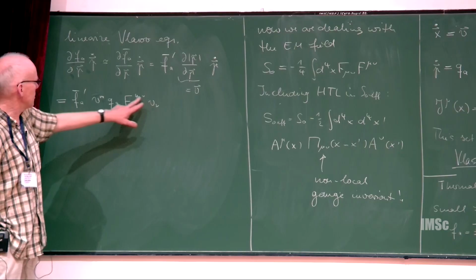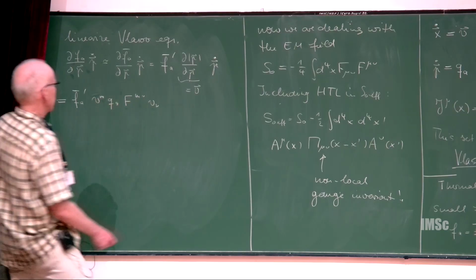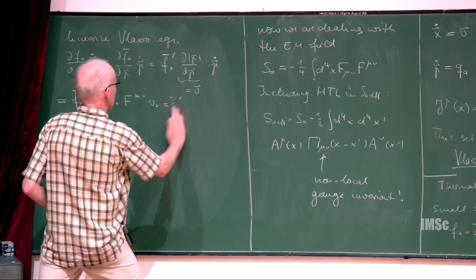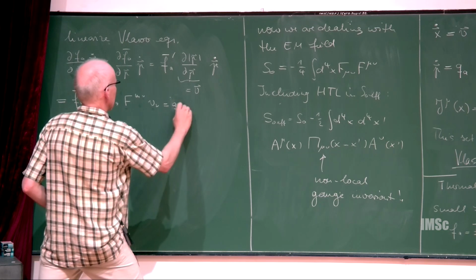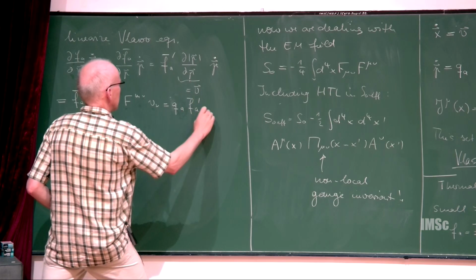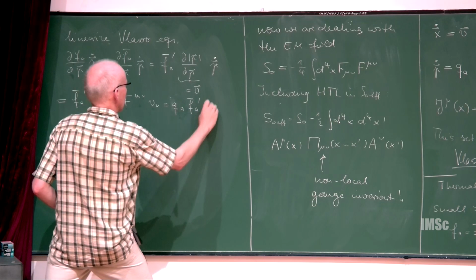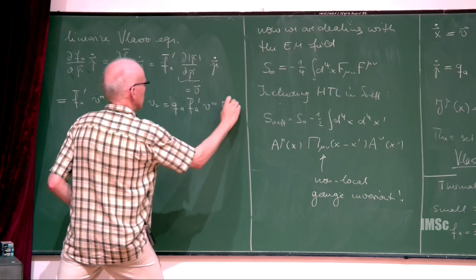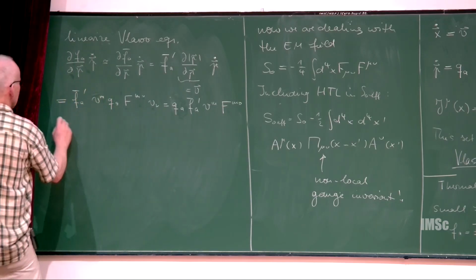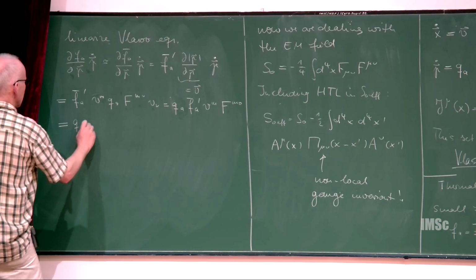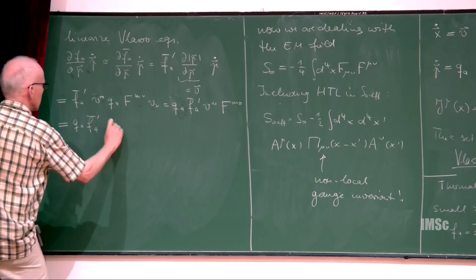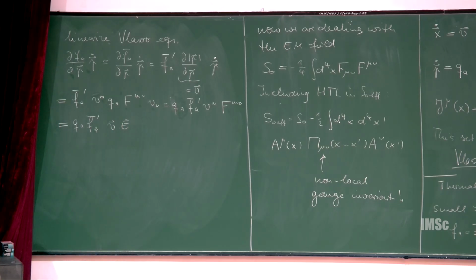If ν is a spatial index, this gives 0 here. I can pull out the q_a, times f_a bar prime, times v^i, times F_i0. Now F_i0 is nothing but the electric field. So this expression is equal to the charge of the particle times the derivative of the equilibrium distribution times v dot the electric field.